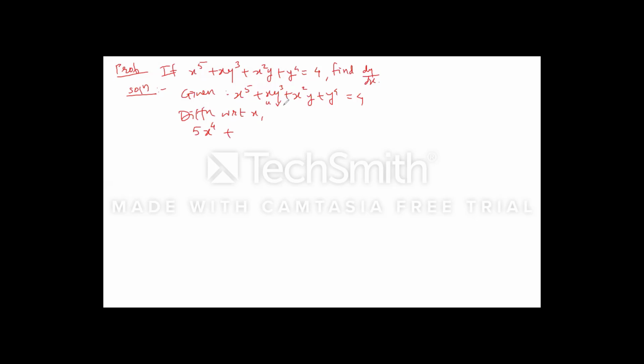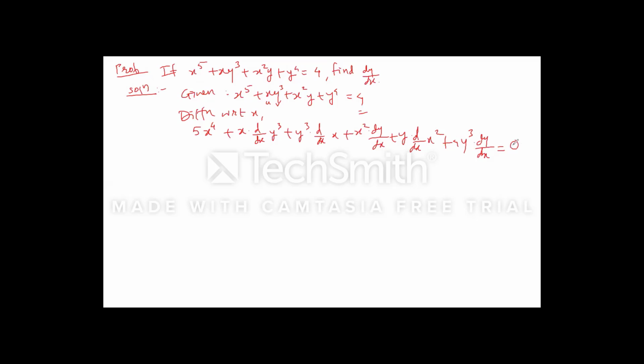Now you have to apply the UV rule here. x into derivative of y cube plus y cube into derivative of x, plus again apply the UV rule: x square into derivative of y plus y into derivative of x square, plus the derivative of y raised to 4, which is 4y cube into dy by dx.